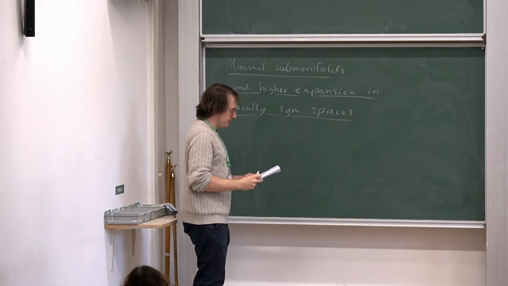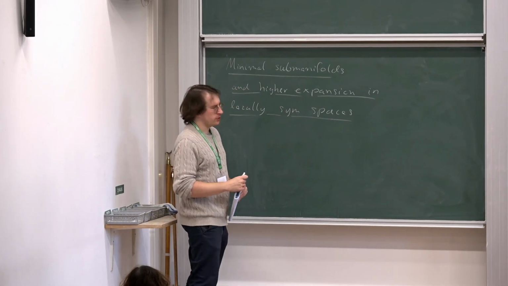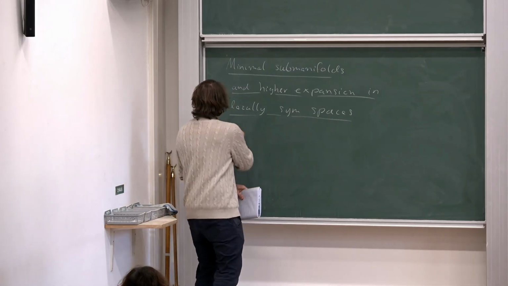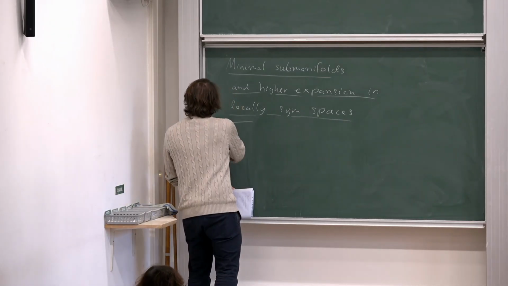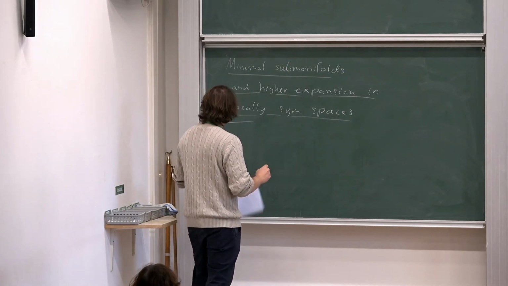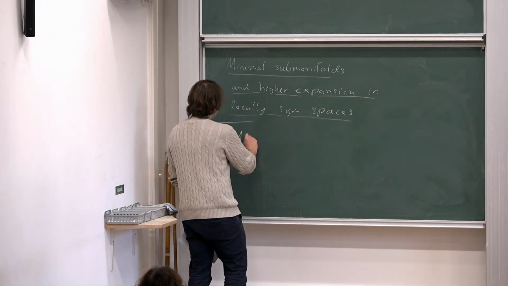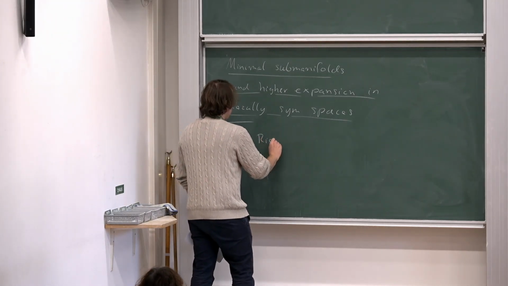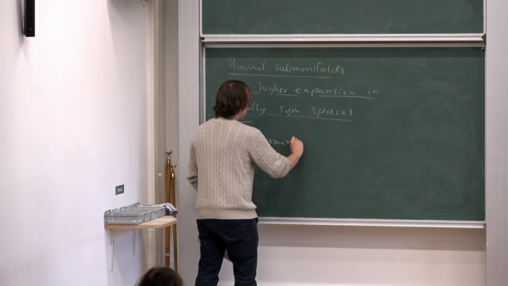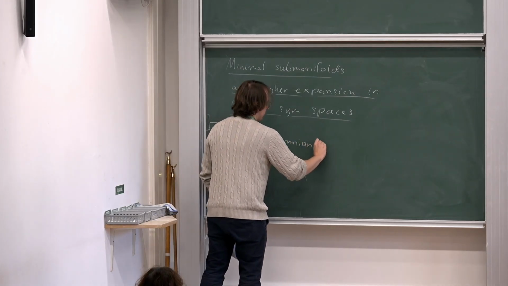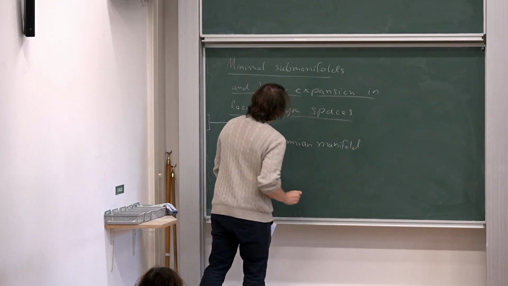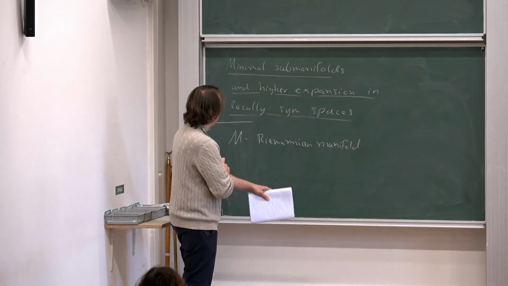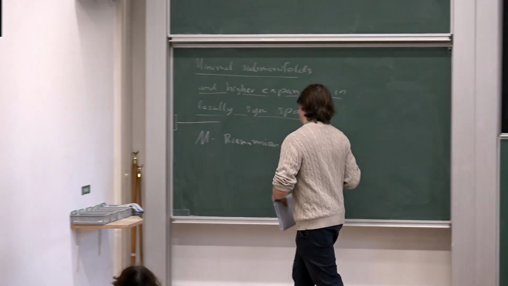So let me maybe start by defining for you what is a minimal submanifold, because I won't assume that everybody knows that. So we will work with a Riemannian manifold M. I don't need to assume right now that it's compact, but I'll just assume that it's complete.